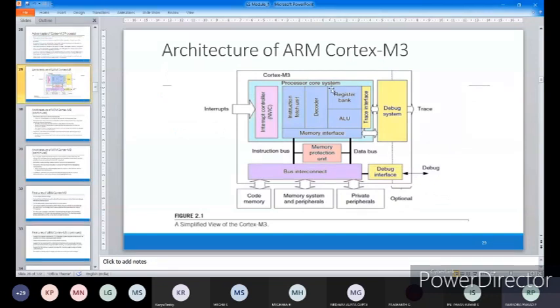So here you can see it is the MPU, the memory protection unit. Whatever memory is there, like code memory and memory system interface, for this an option is given for you, where you can store.